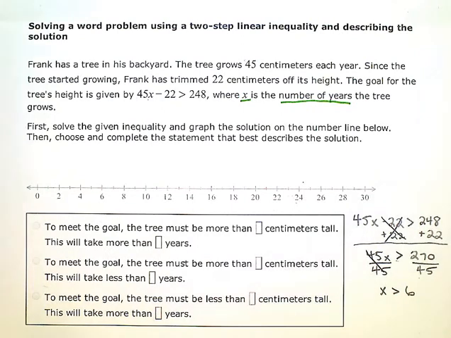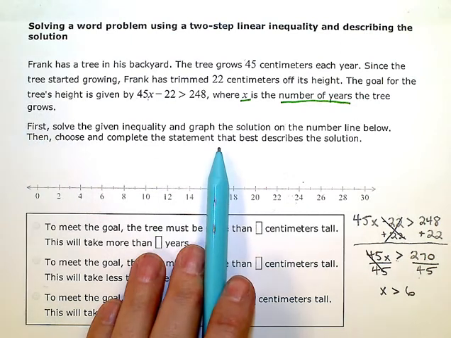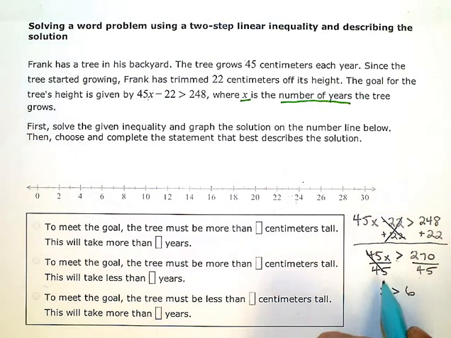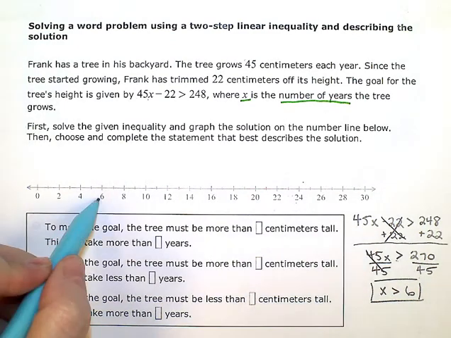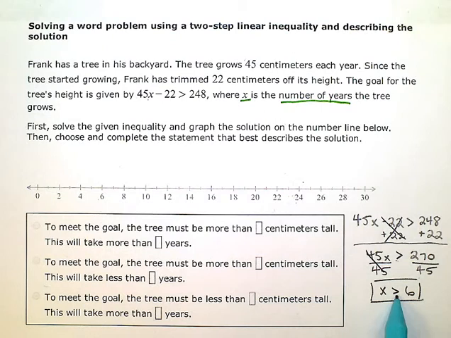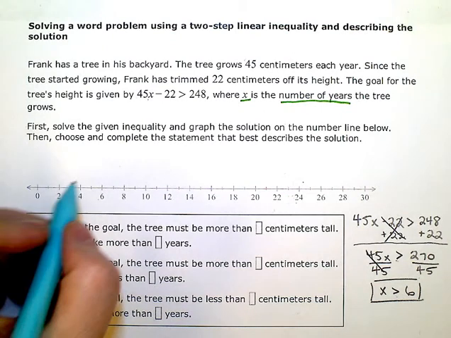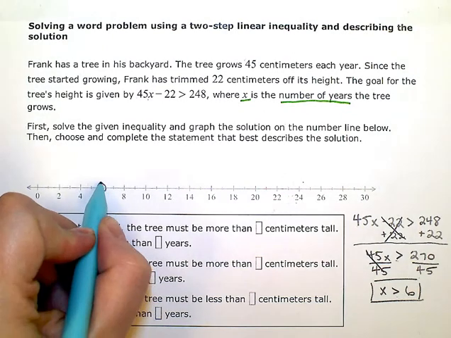Now, it says we need to graph the solution on the number line. So I need to graph this solution, x is greater than 6. Here's 6. I'm not equal to 6, just strictly greater than, so I'm going to put an open circle at 6.